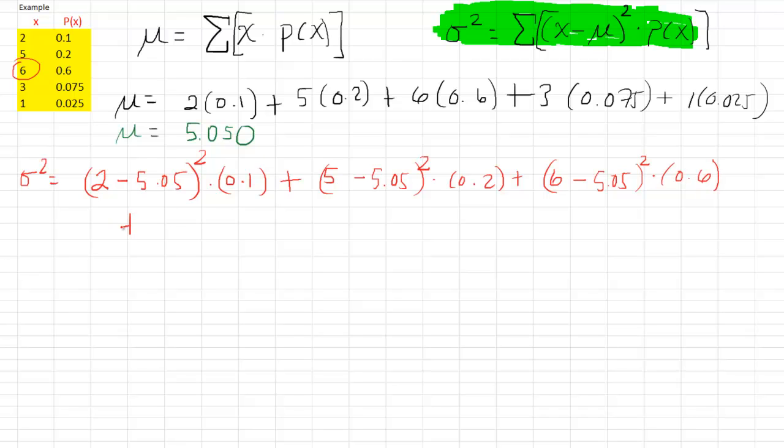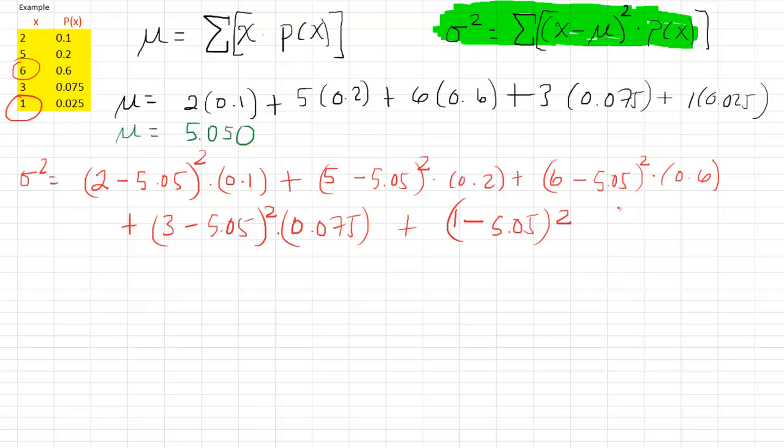We'll continue in the bottom, plus 3 minus 5.05, square that, multiply it by 0.075, and plus 1 minus 5.05 squared, we're doing the last one, times 0.025, which is the corresponding probability.